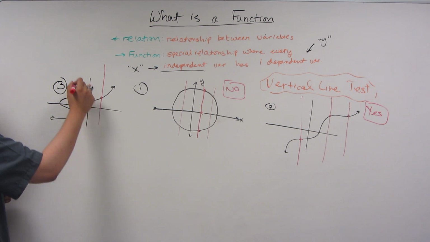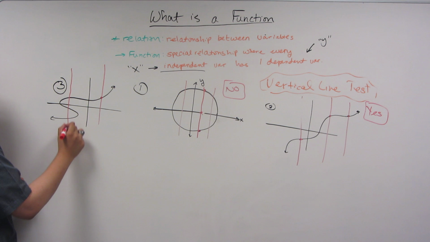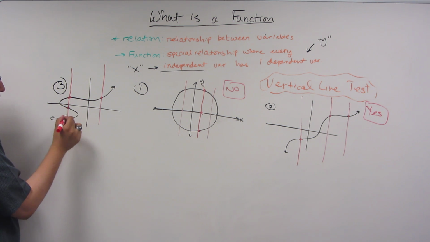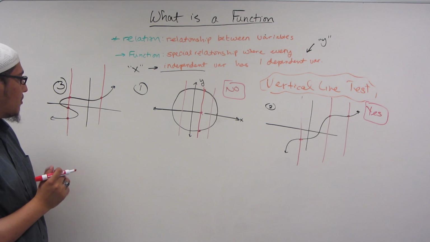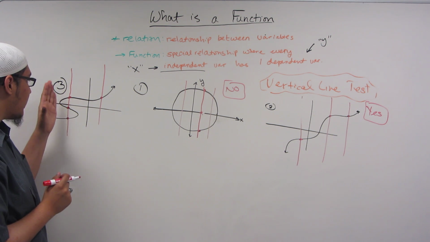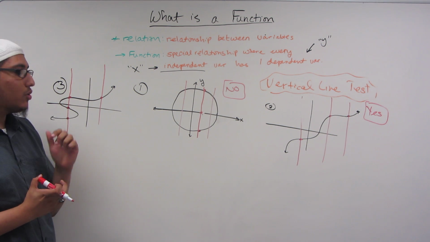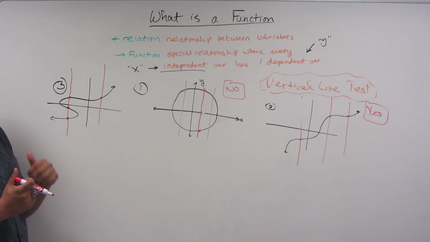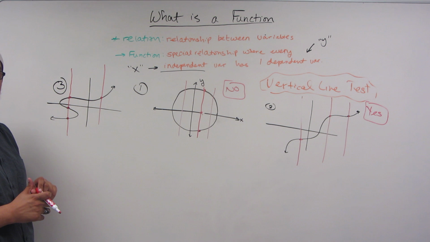However, if you draw your line right here, you cross 1, 2, and 3 separate points. Because you cross more than 1 point each time you draw the line, we can conclude that this is not a function and is simply an example of a relation.